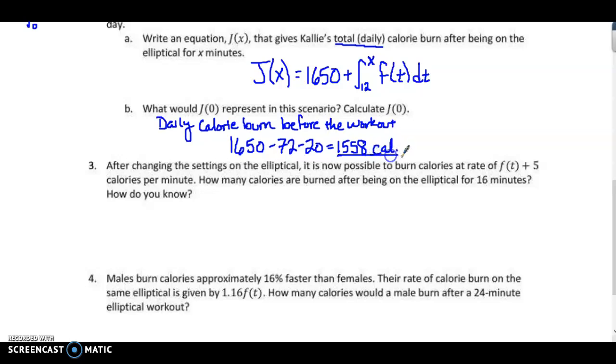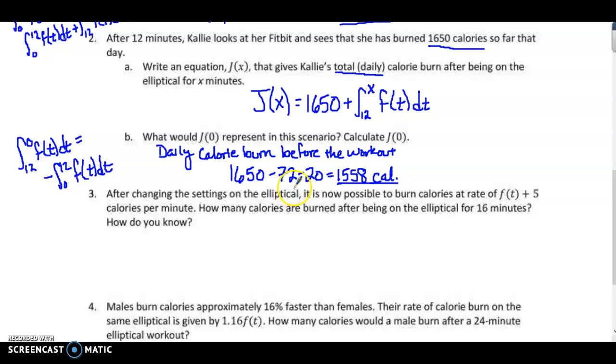calories. All right, and that gives us another picture of integrals here, another rule, if you will, that we've got the integral from 12 to 0 of f of t dt is actually the same thing as the opposite of the integral from 0 to 12 of f of t dt.